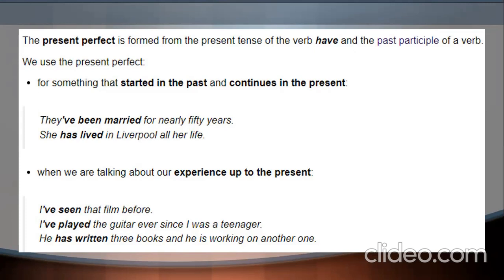But I'm asking you, what is the event or how the sentence can be divided depending on the past tense or the present tense. What are the important events here? For example, I'm gonna give you the first example. The past event is they've been married, and the present or the important event now is for nearly 50 years. So what is the example in the second sentence?